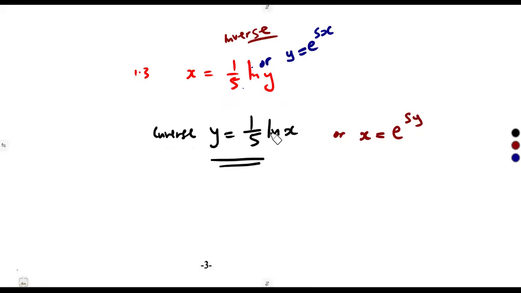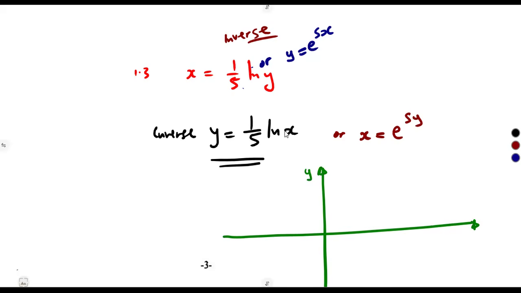Remember the graph of a ln, guys. When X is 1, ln 1 is equal to 0. So meaning to say, we are going to have our graph. X cannot be negative, guys, for a log cannot be negative. So your graph was going to be like this, increasing in the Y values.